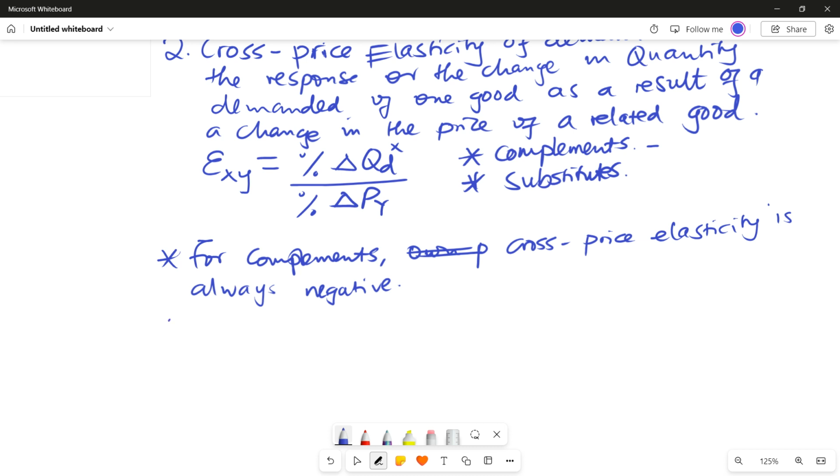And then for substitutes, it's the opposite actually. For substitutes, cross price elasticity is always positive.